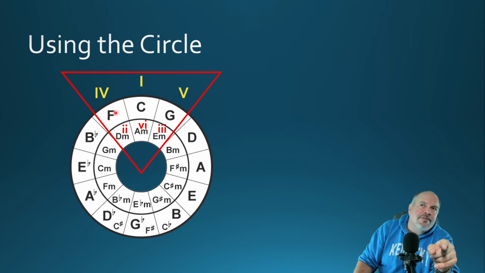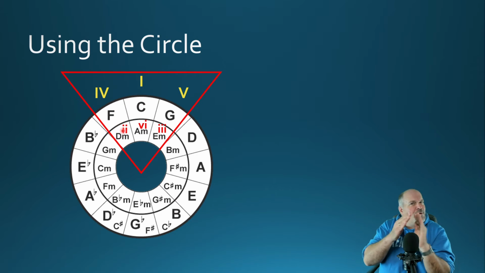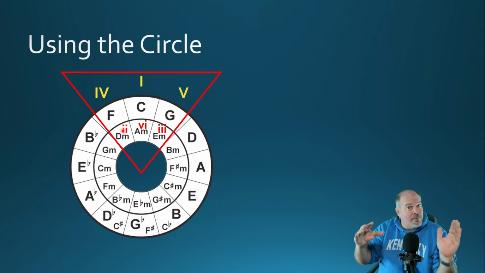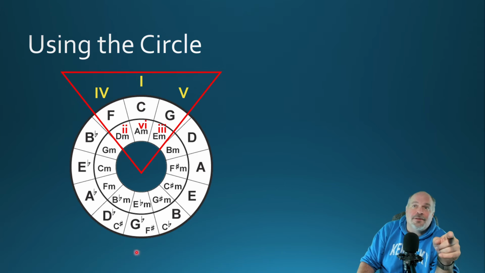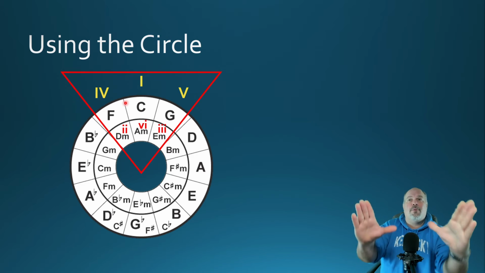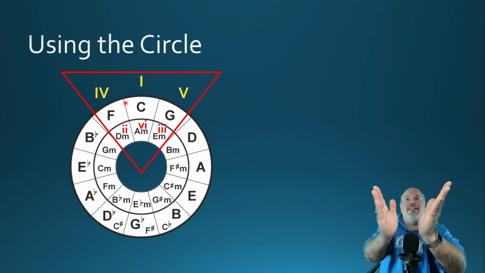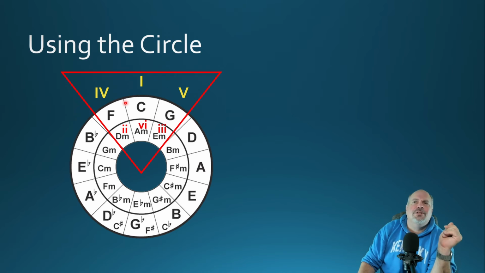F is the 4th of C, but C is the 5th of F. That's the interval between them that lets you keep going around this way, because suddenly what used to be my 4th, I'm now his 5th, and the circle just keeps going around. That's part of the reason why those can fit in there, that there's such a relationship between them.